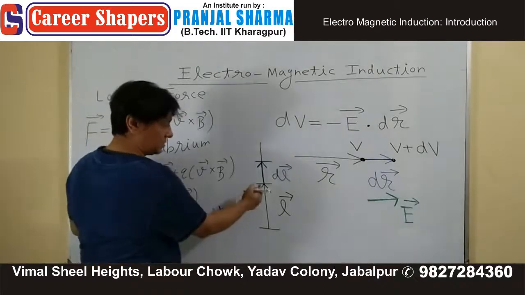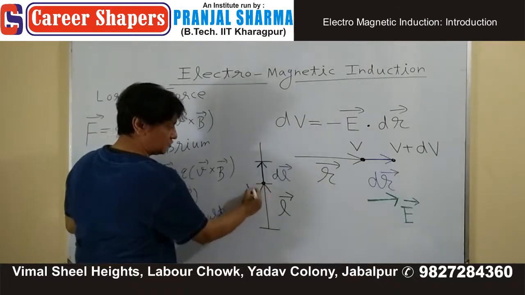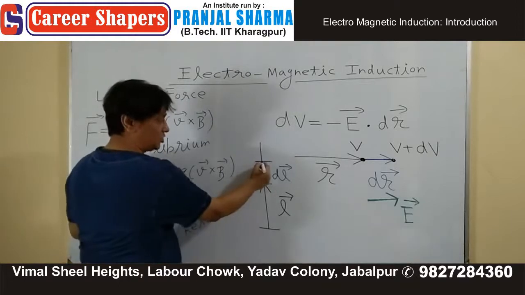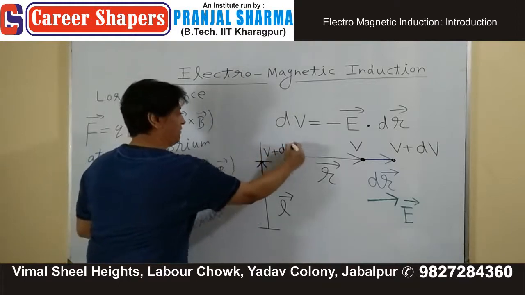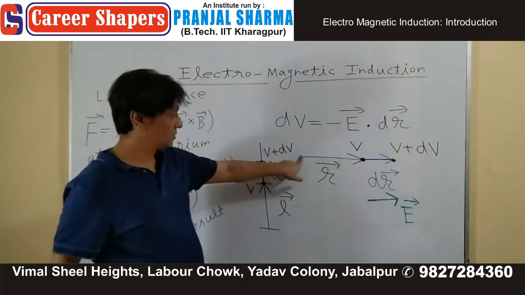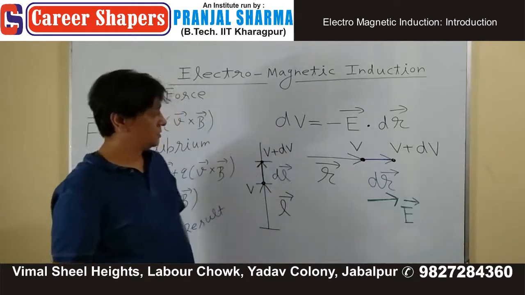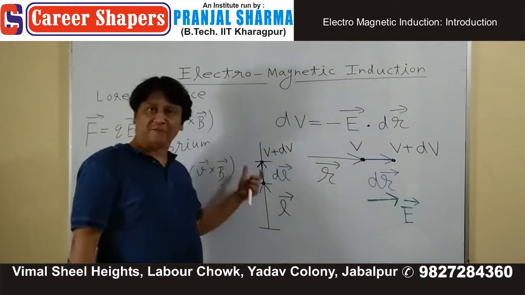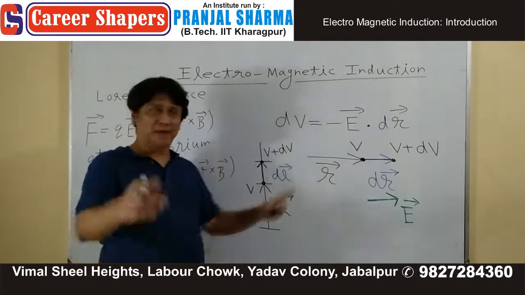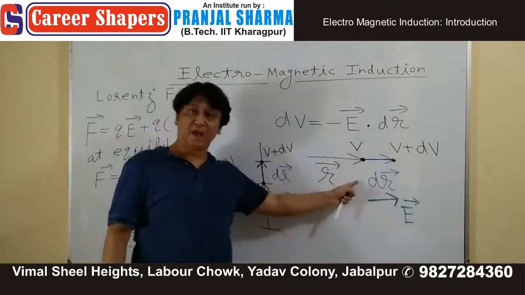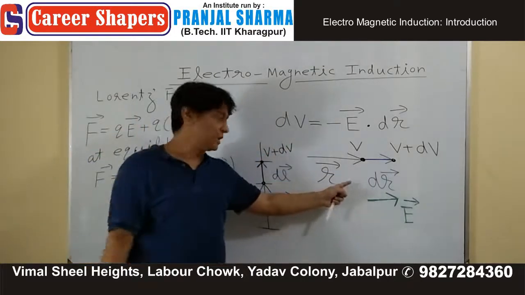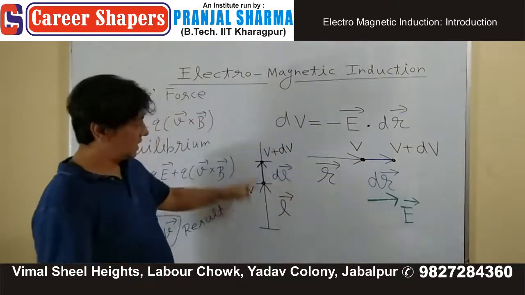Potential over here is V. Potential over here is V plus dV. So I could have given you this directly, but I explained this part coming from 11th work, power, energy. So this is L, this is dl.